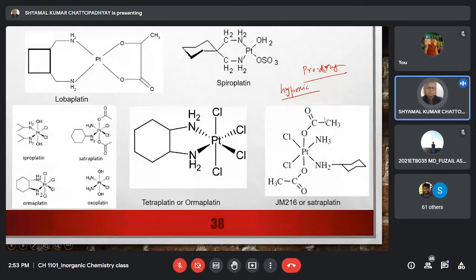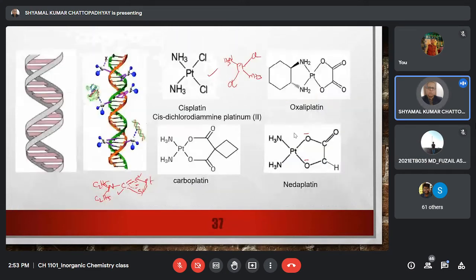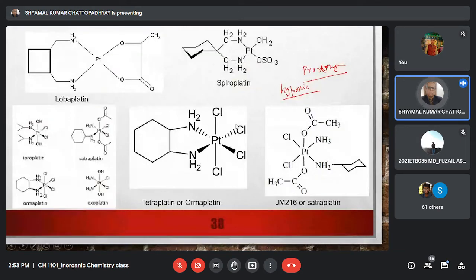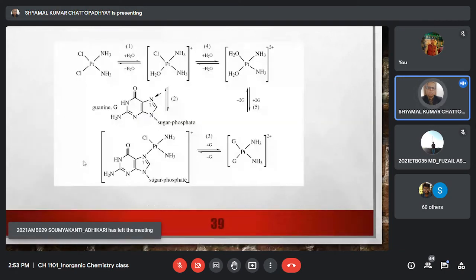So orally fed to the patient, and it is very good for treatment of prostate cancer. So this completes our discussion on the list of platinum complexes. We have discussed 6 platinum 2 complexes and 4 platinum 4 complexes, which are used for cancer chemotherapy. Next is, what is the course of action of the platinum?